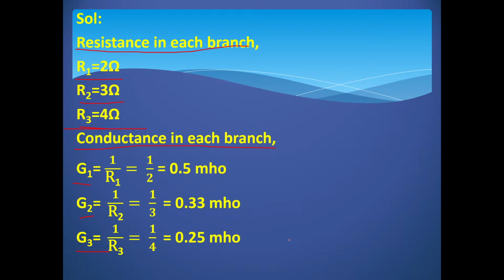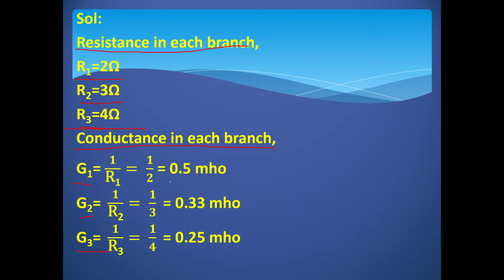If you know two methods, then it is your wish which method you follow to solve the numerical problem. So I'm solving one more numerical problem using conductance instead of directly using the resistance to determine the IL current.